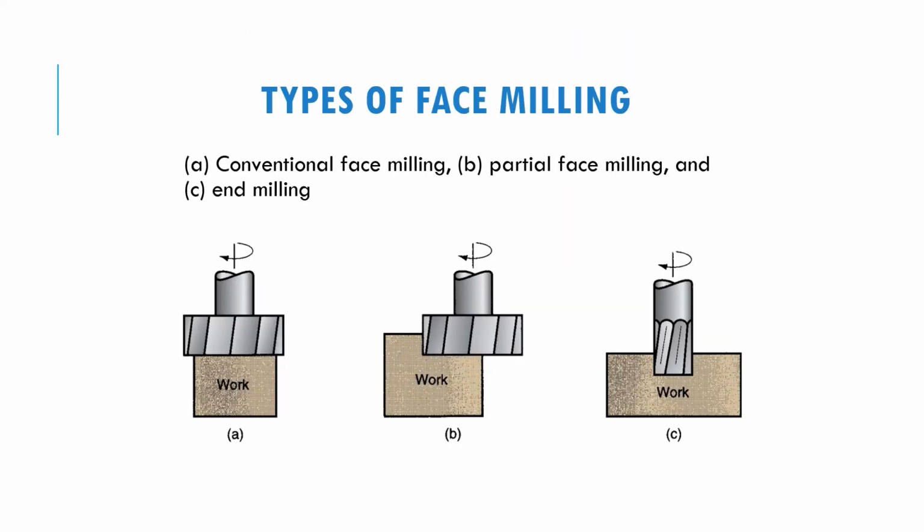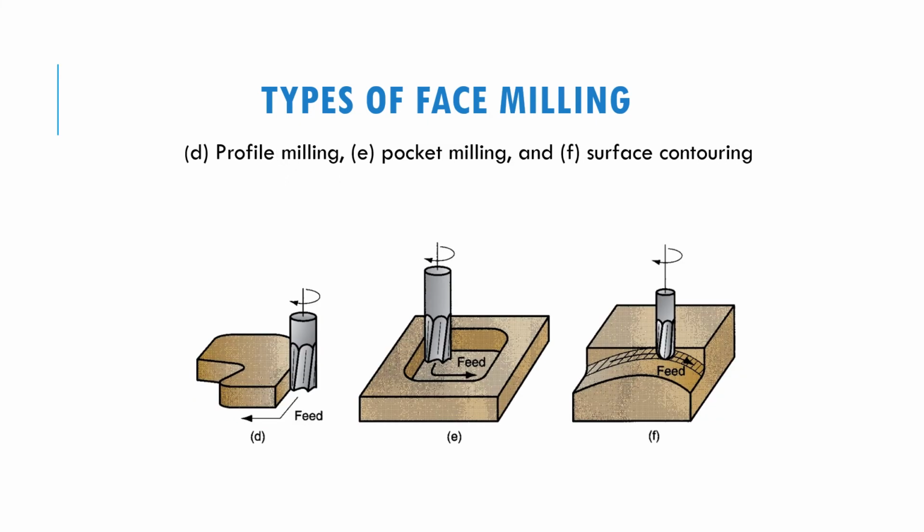So here are the types of face milling. A is the conventional face milling. B is partial face milling, and C is end milling. Apart from that, we also have profile milling. Profile milling is usually used to create a profile on the surface of the workpiece.